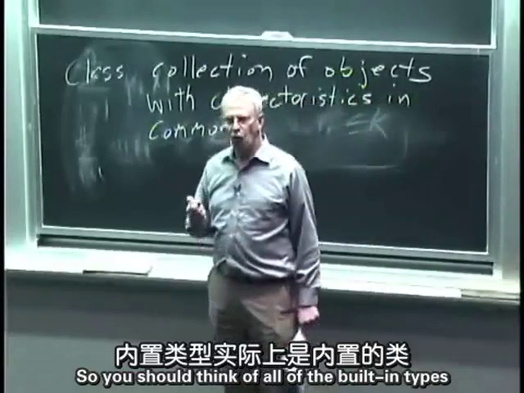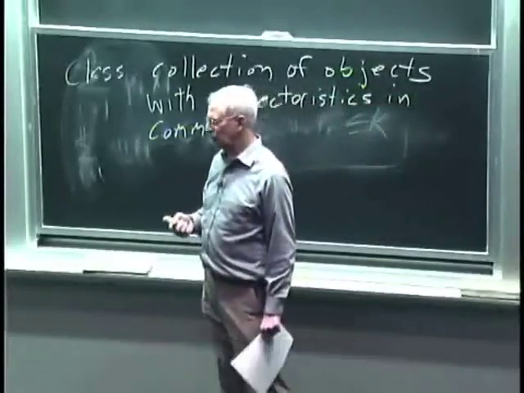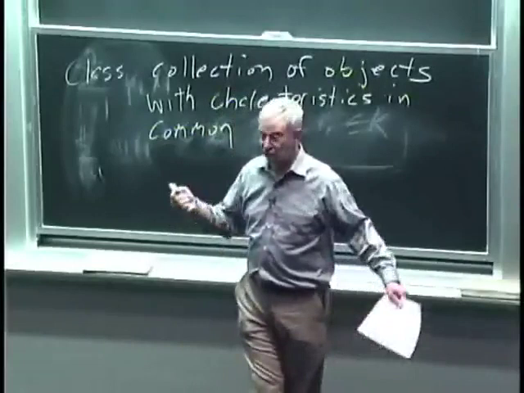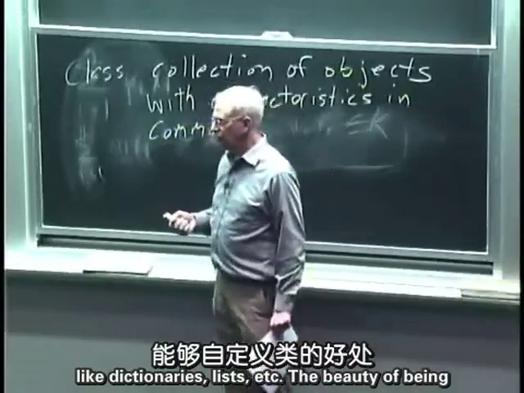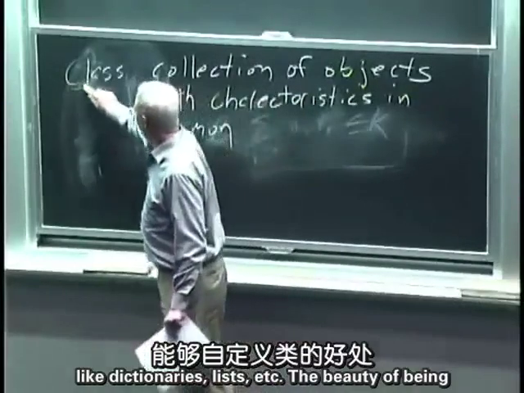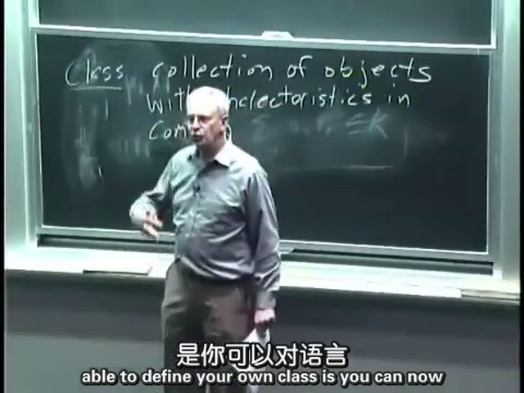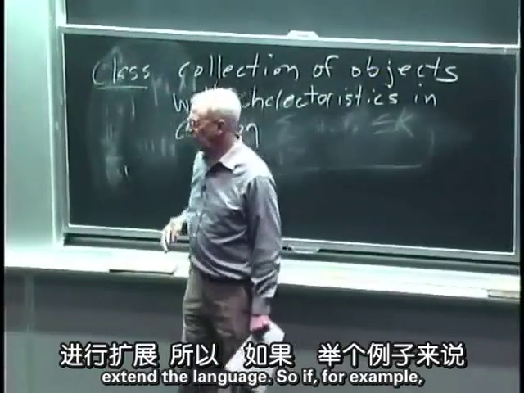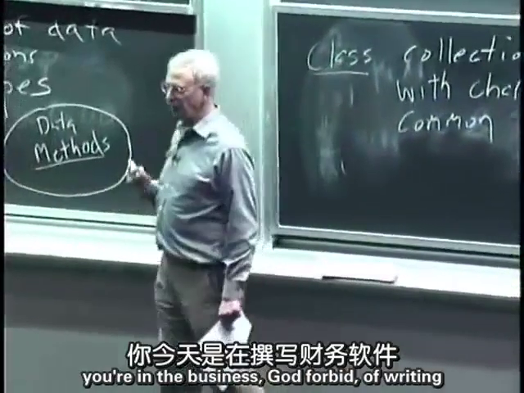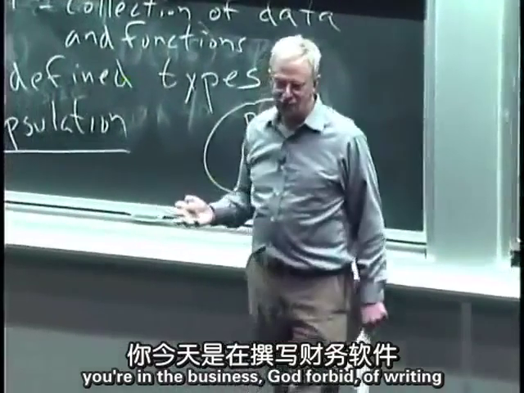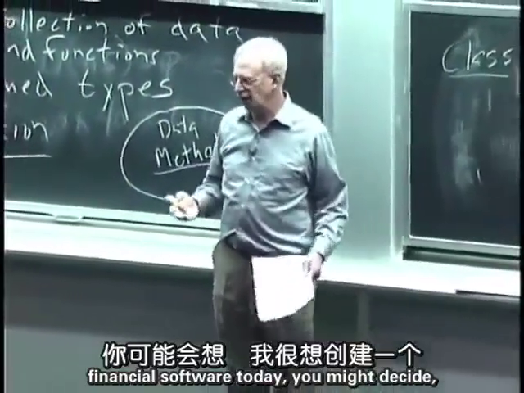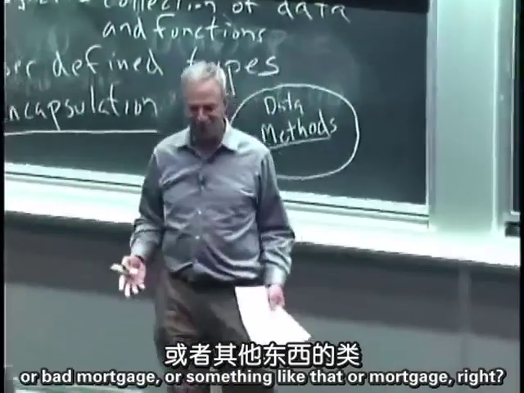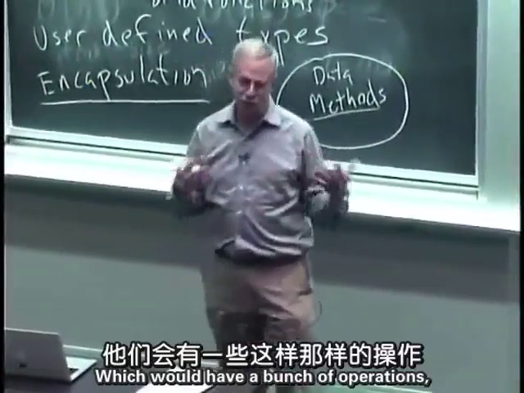So you should think of all of the built-in types we've talked about as actually just built-in classes, like dictionaries, lists, etc. The beauty of being able to define your own class is you can now extend the language. So if, for example, you're in the business, God forbid, of writing financial software today, you might decide, I'd really like to have a class called mortgage, which would have a bunch of operations.